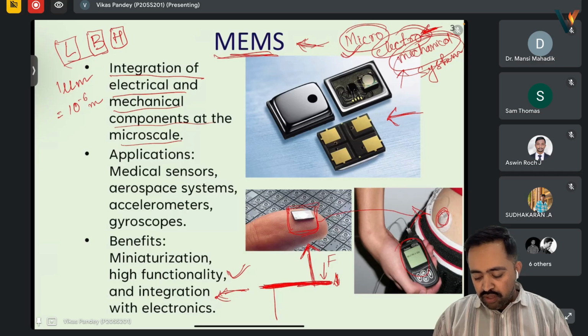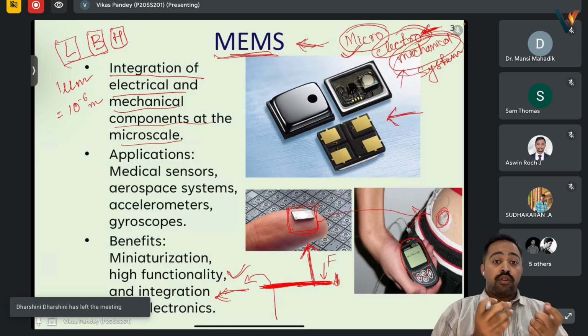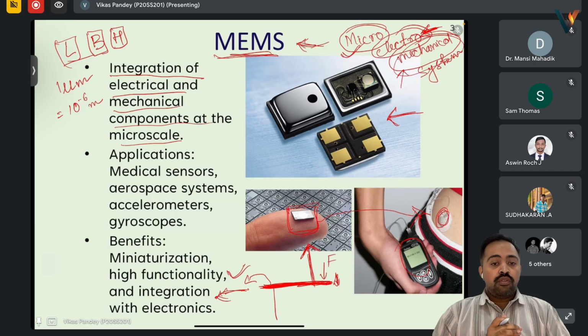To convert this force into a corresponding electrical signal, or to measure it easily, was not that easy.